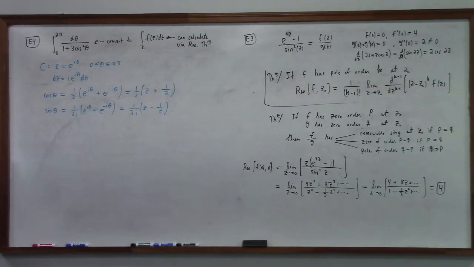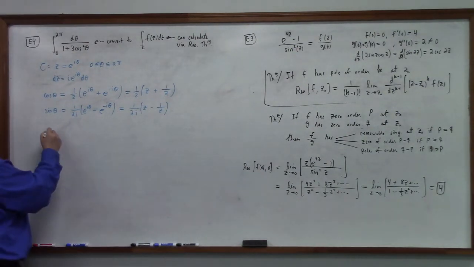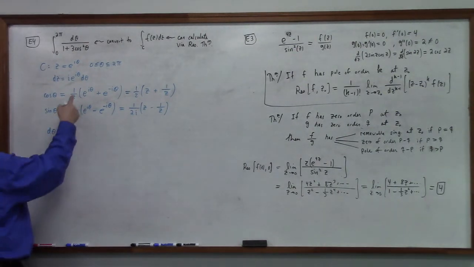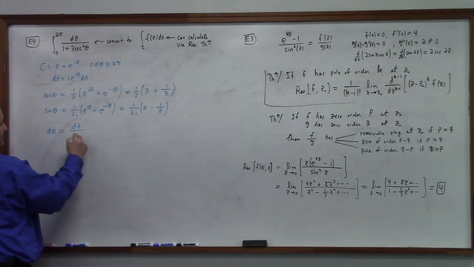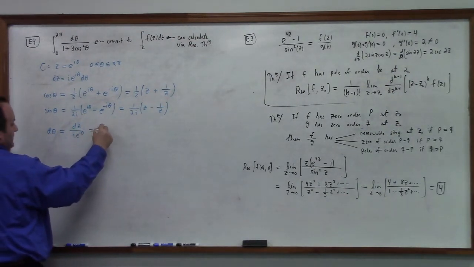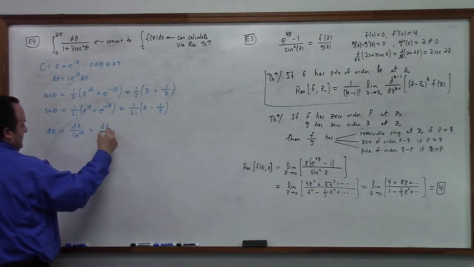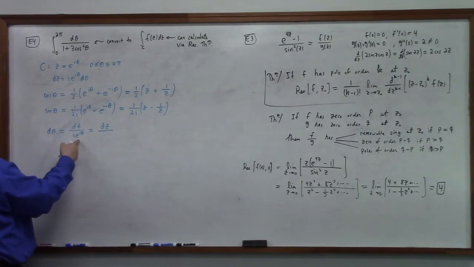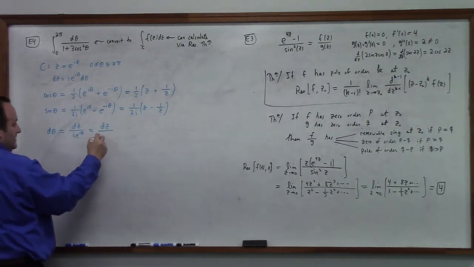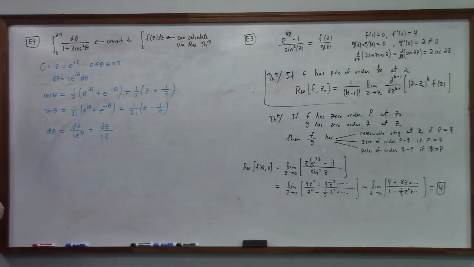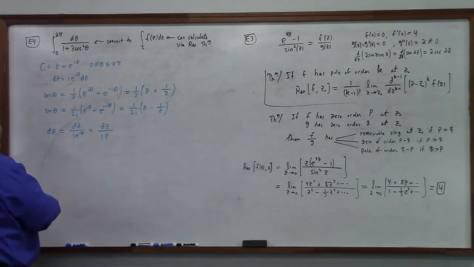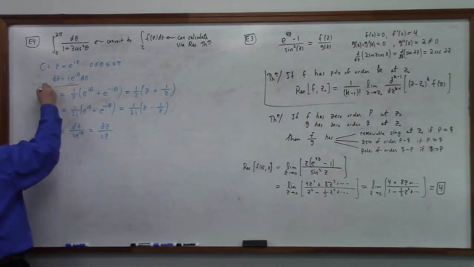And what was d theta actually equal to? It's right here, right? dz over, and what is that? e to the i theta here is equal to z. So this is dz over iz, yeah. And so here you go. This is the trifecta of this trick.